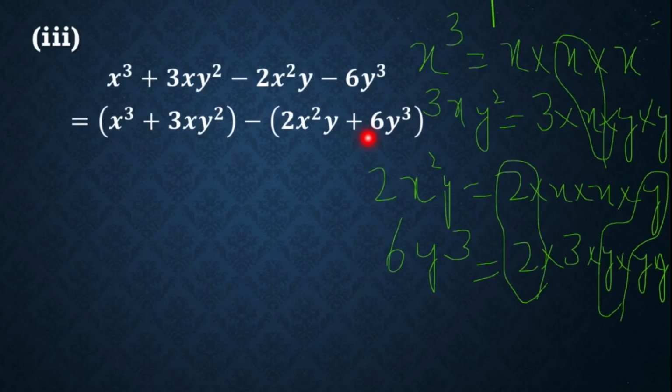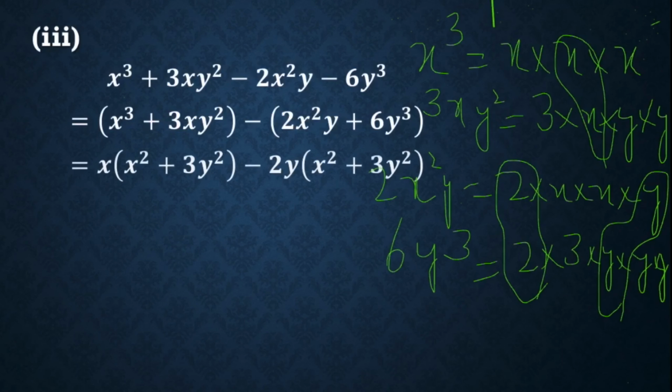Now students, from these 2 terms we have taken common x. When x is taken common from x cube, we will be left with x square. When from this term we have taken common x, we will be left with 3y square.